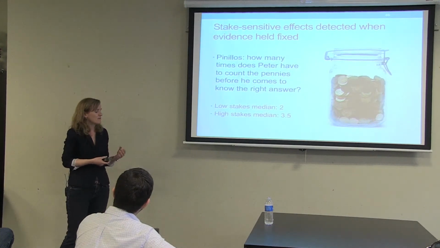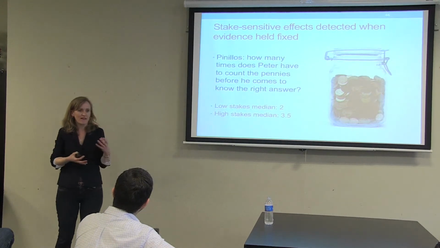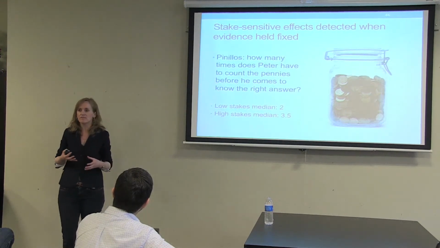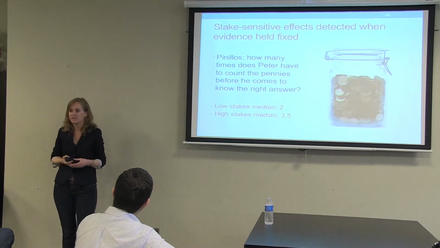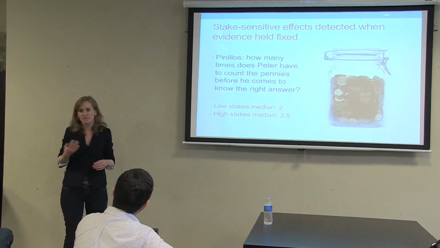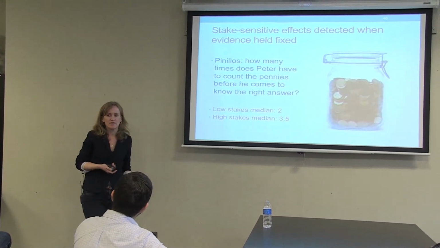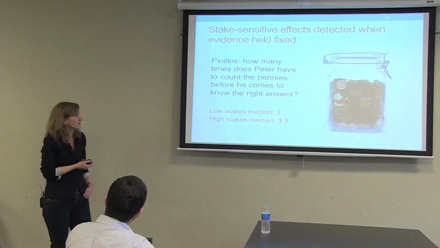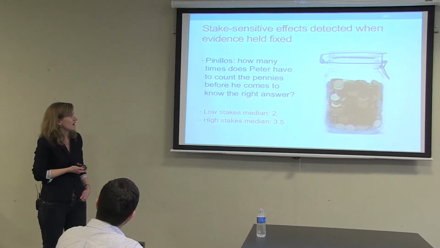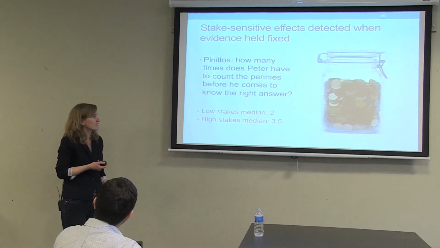And people thought that Peter would have to count the coins more frequently if it was a very high stakes contest, and that just makes perfect sense, right? We expect people's evidence acquisition behavior to be adaptive. So that's a reflection of that effect. So you do see some kind of stakes sensitive effects.